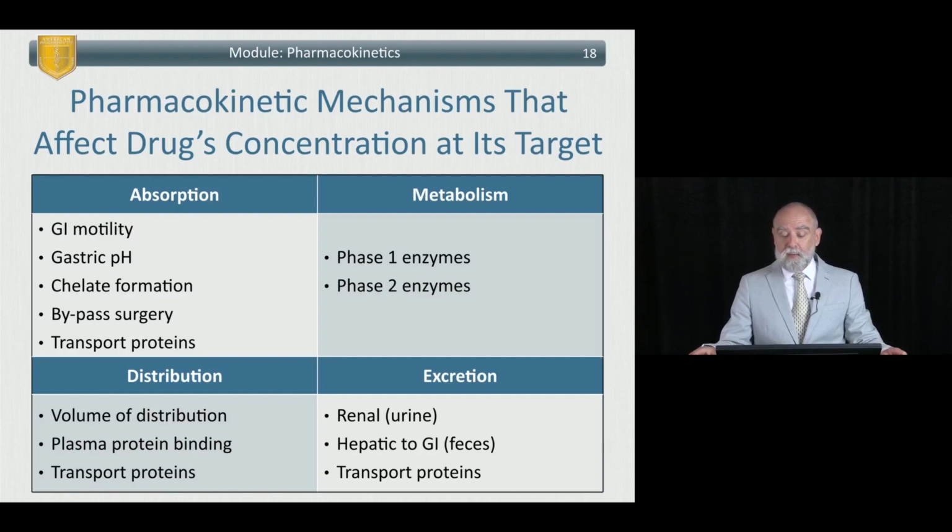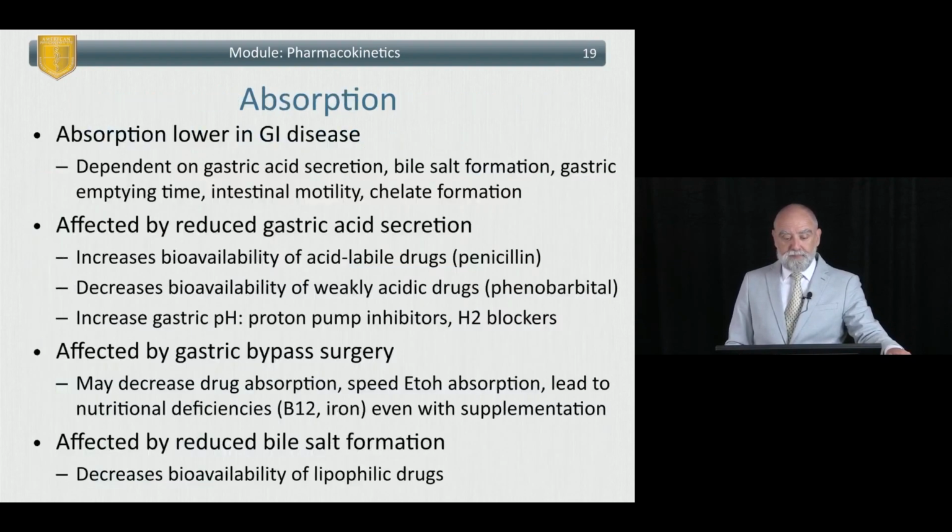Metabolism, we divide that into phase 1 and phase 2 enzymes and what happens there, and we'll talk about that. And then excretion, most of it occurs through the kidney. Renal excretion and the metabolites or parent drug end up in the urine, or you can have hepatic excretion where it goes into the bile, into the GI, and into the feces, and again affected by the transport proteins.